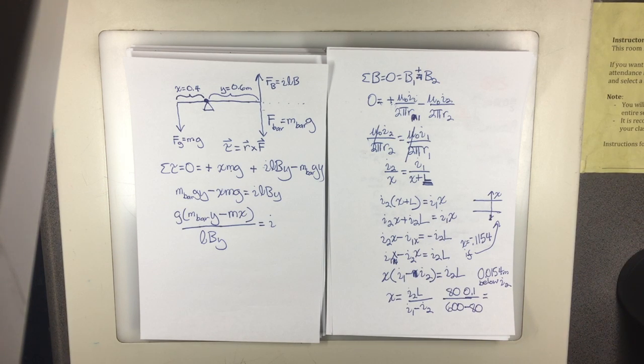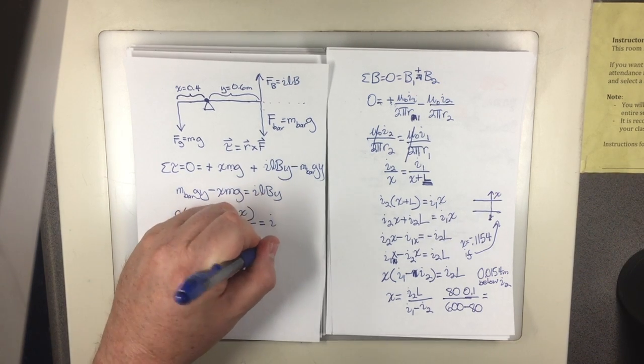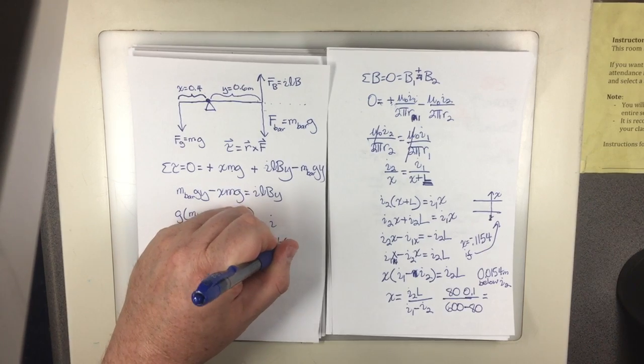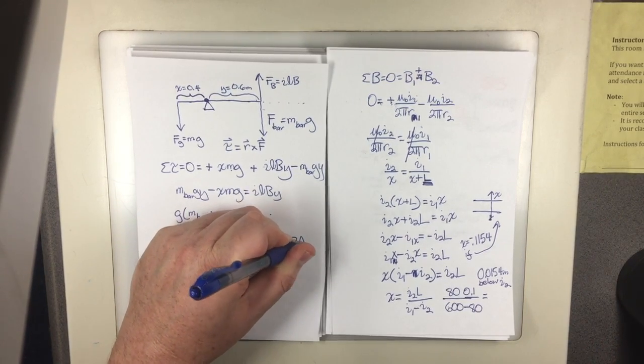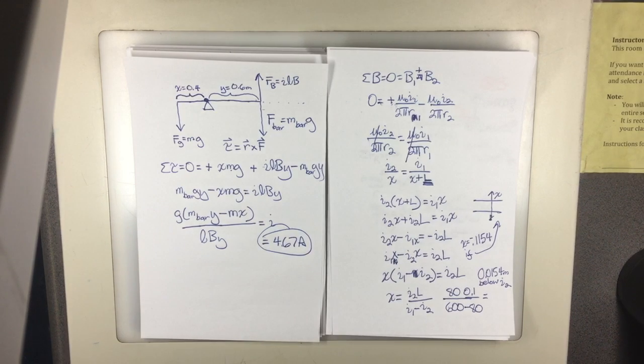Total length of the bar. I was like, we didn't have to know it. We had to know it for force on a wire. 2 times B times 2 times Y, which is 0.6. And the current, 4.67 amps. So it's a combination of a torque bar problem combined with force on a wire.